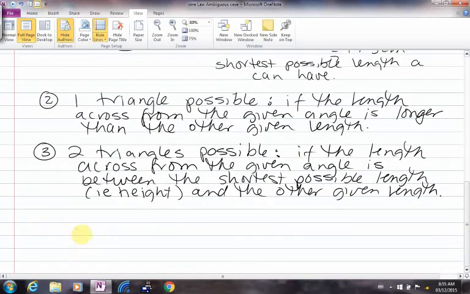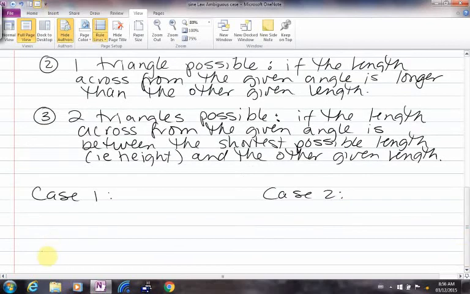Okay, so let's go back to our original question, and we're going to look at the two cases. So case one is the way that most of you drew it initially.